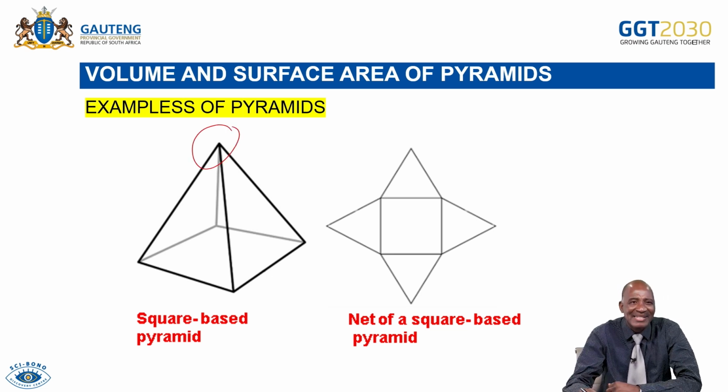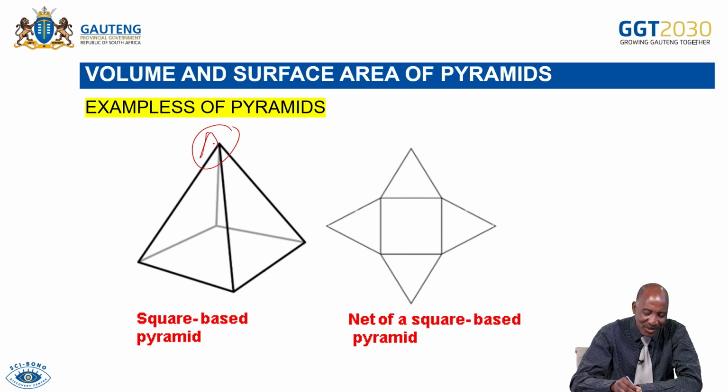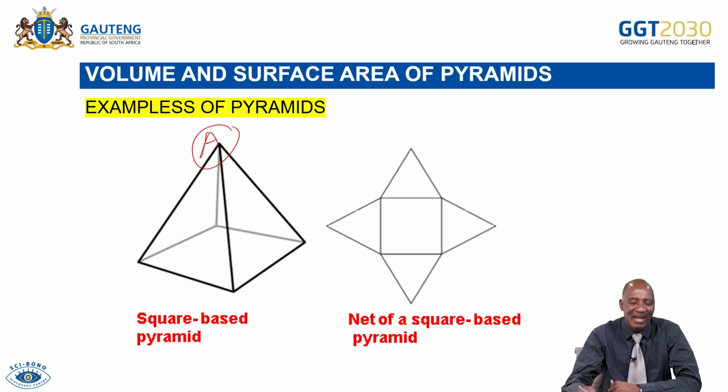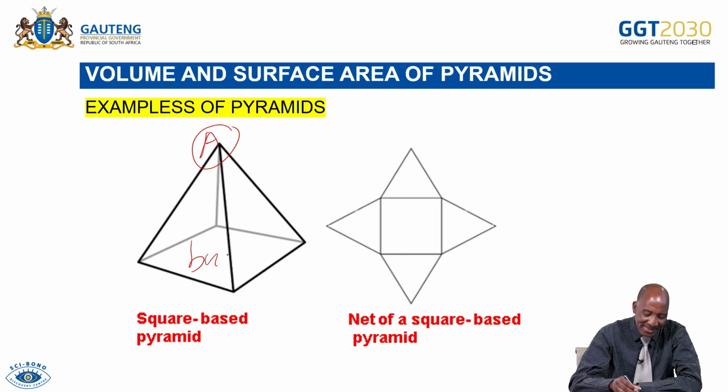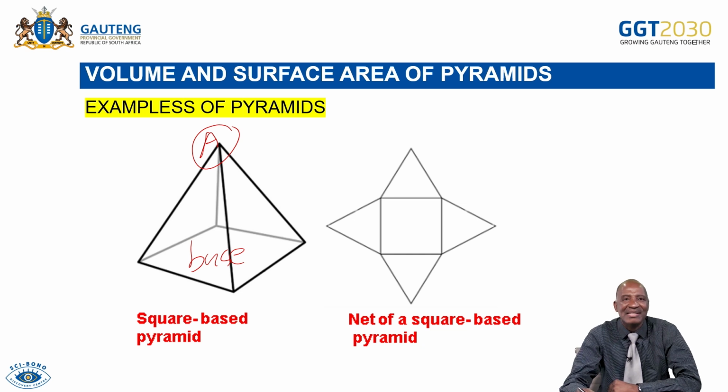That is the apex of our pyramid, or the pinnacle of our pyramid, pointed at that particular point, which I will call A there. Otherwise, this is our base. That's what we mean by the base. So if you are finding the volume of this pyramid, you say 1/3. Why 1/3? It has lost some of its parts. It was originally a square-based prism.